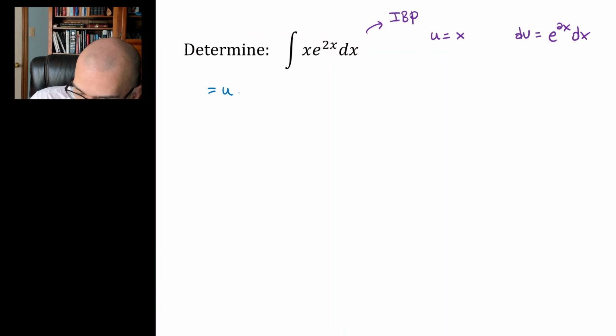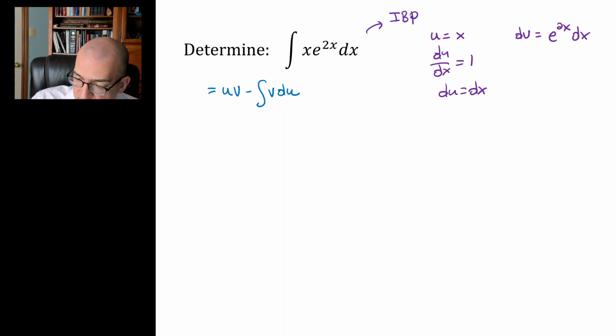This is according to integration by parts. We can rewrite this as uv minus the integral of v du. I'm going to take the derivative. du by dx is just 1, so du is equal to dx. I'm going to take the antiderivative of dv to get v.